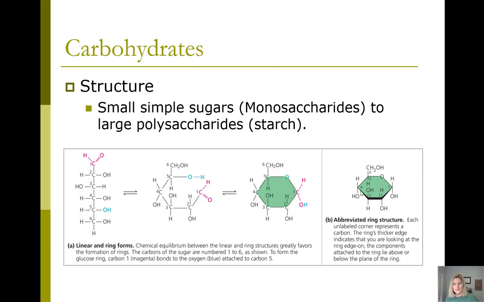So you end up with these little ring structures. Okay, so that's something that you'll notice with our carbohydrates. They all have these ring structures within them. Okay. So this is an example of how many carbons was that? 1, 2, 3, 4, 5, 6. So this is a 6 carbon ring, okay, a hexose.